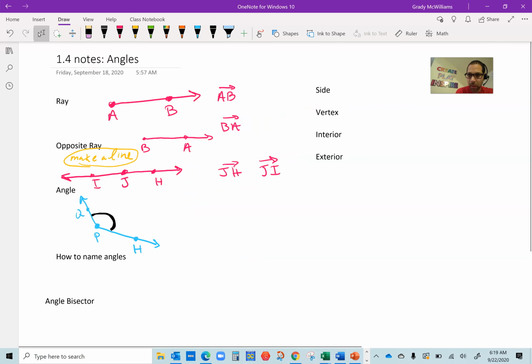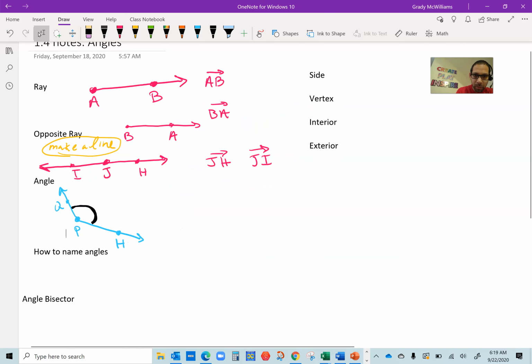Okay, so there's a couple other parts of the angle you should be aware of. So you got this side that is over here. A side of the angle, in this case, would be ray PH. There are two sides, ray PH and ray PQ.